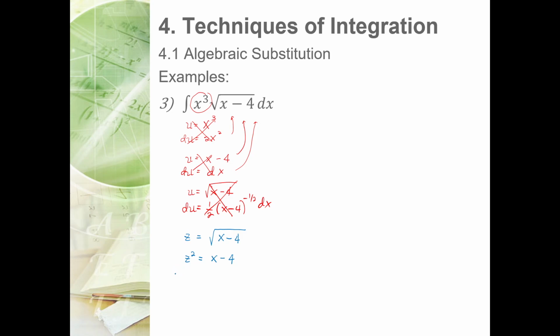Okay, so getting the derivative, 2z dz, then we have your dx.